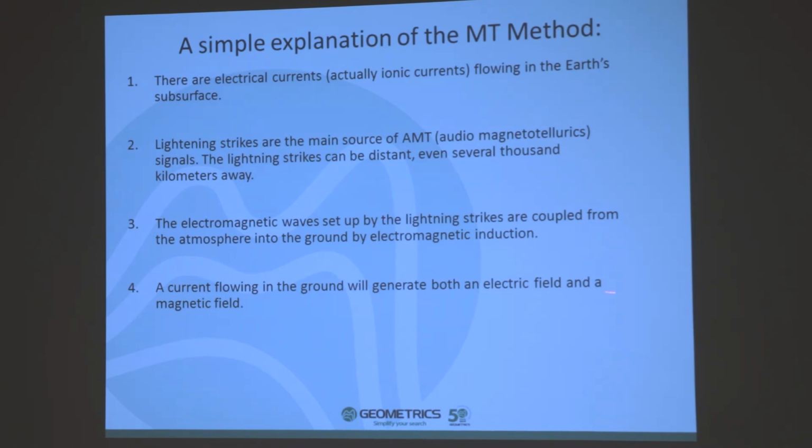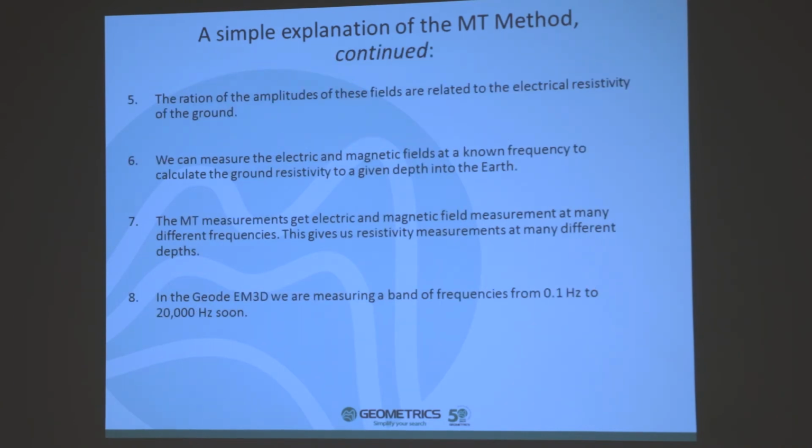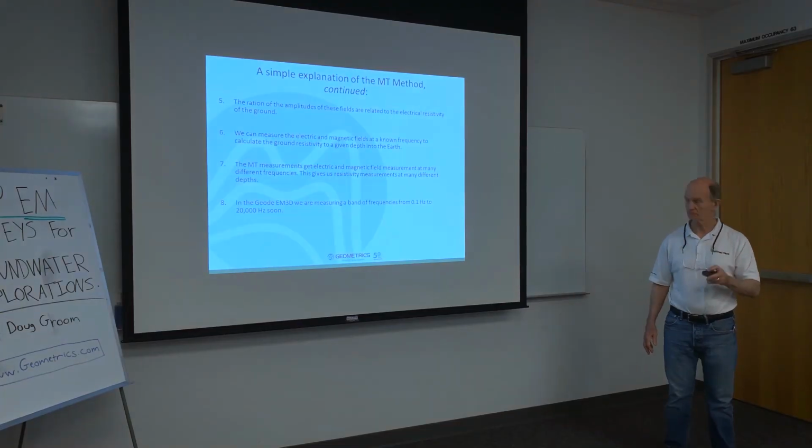The current flowing in the ground generates an electric and a magnetic field. And the ratios of the amplitudes of these natural electric and magnetic fields can be used to calculate ground resistivity. And by looking at different frequencies, we get ground resistivity at different depths.